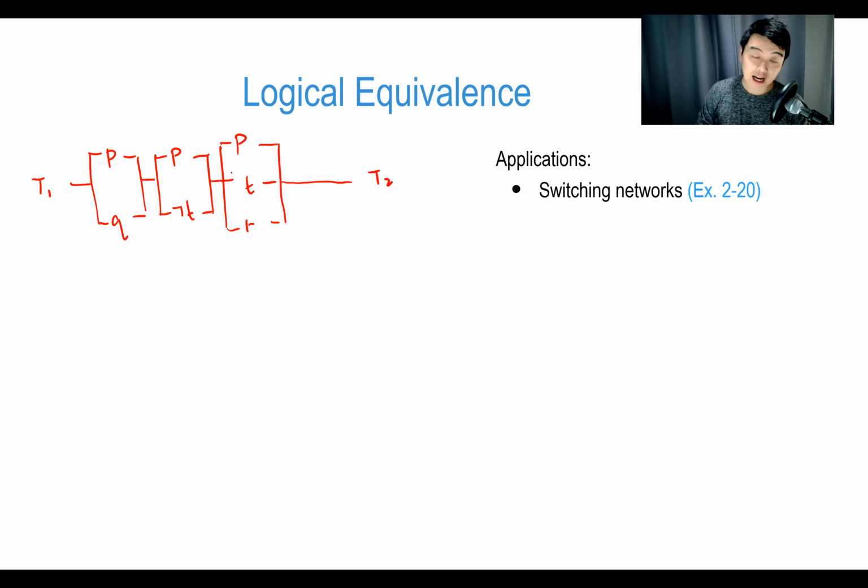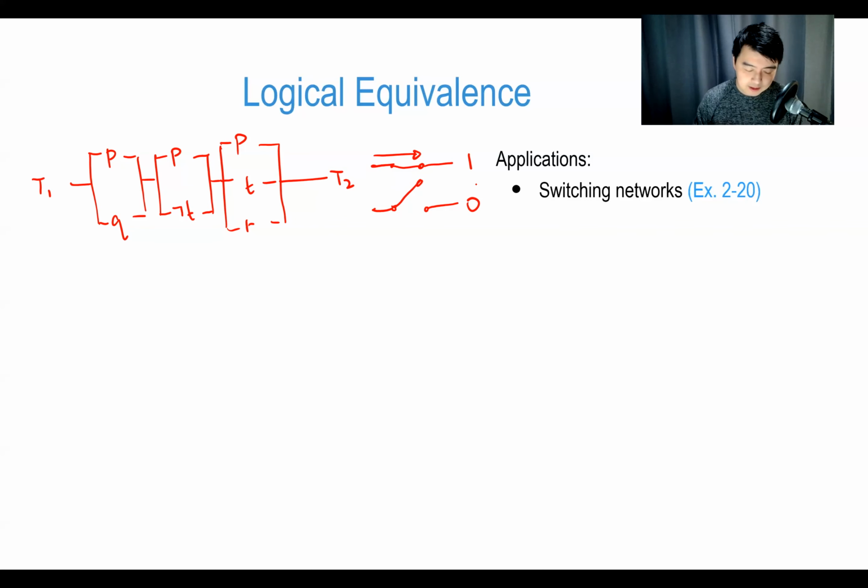A switch can be in one of two positions. Each of these switches can be in the on position, which allows whatever it is to go through. And we also have the off position, which is like turning off the switch, which cuts off electricity or fluids or whatever is going through this network.